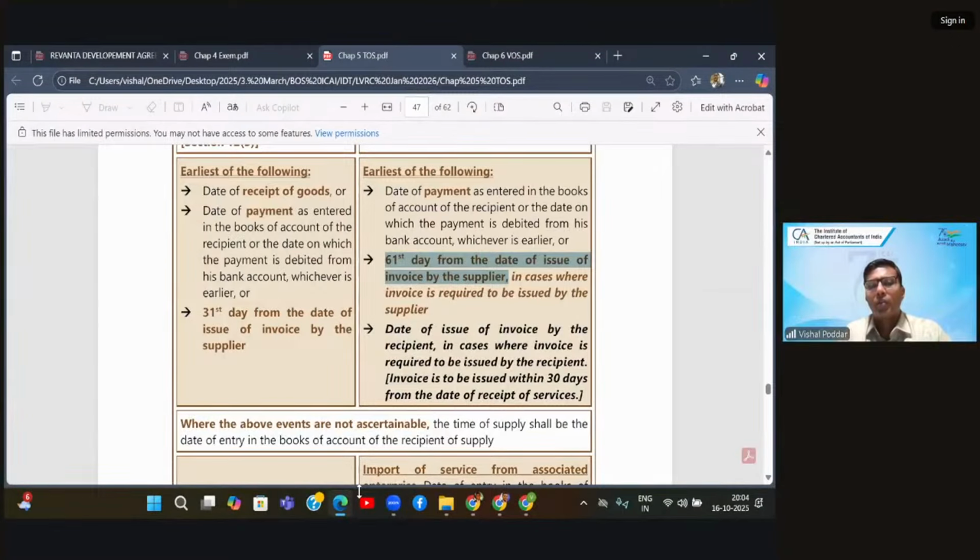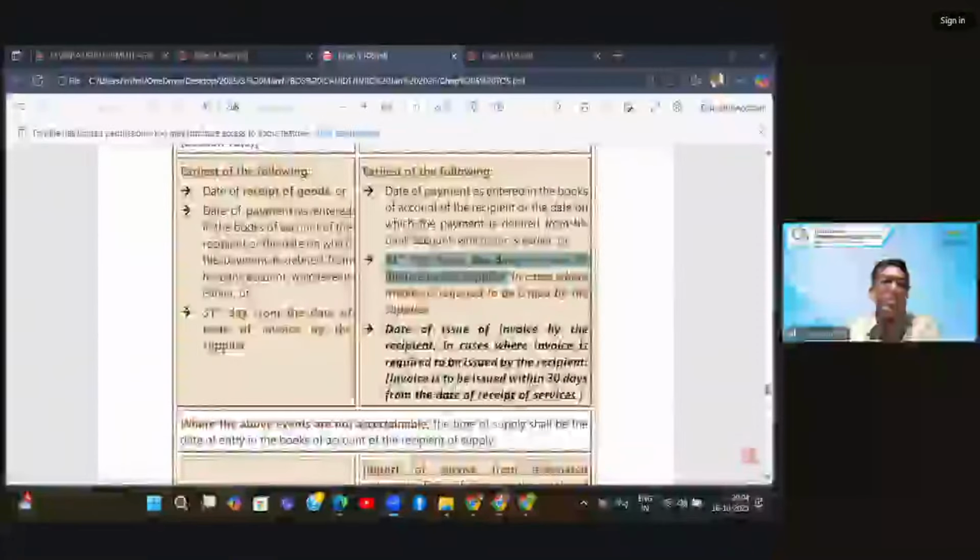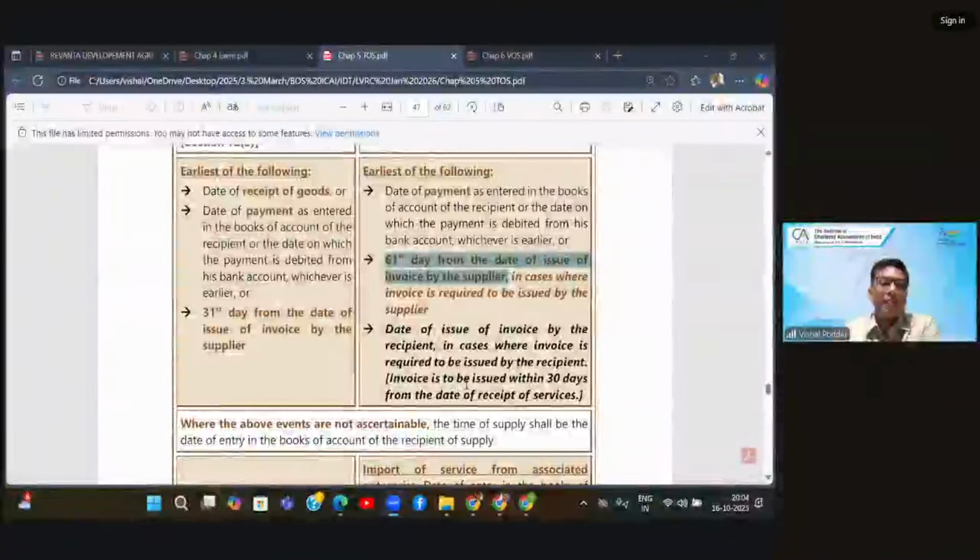Now, in this particular case, the self-invoice provisions, that is where the recipient has to raise an invoice on himself, did not have a time limit for raising a self-invoice. So this date has been added, which says that the third date is the date of issue of self-invoice by the recipient.